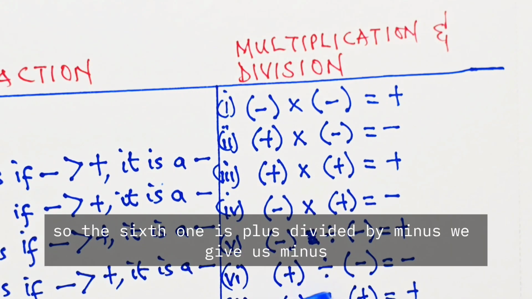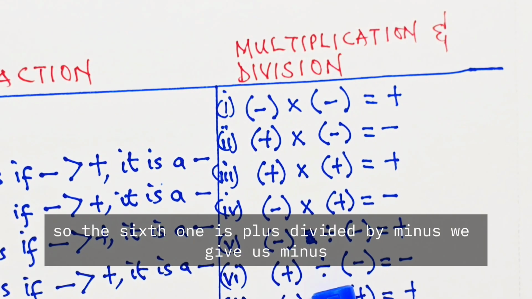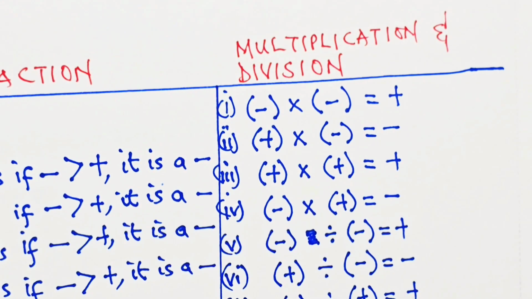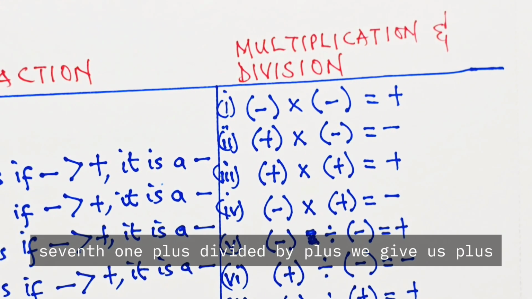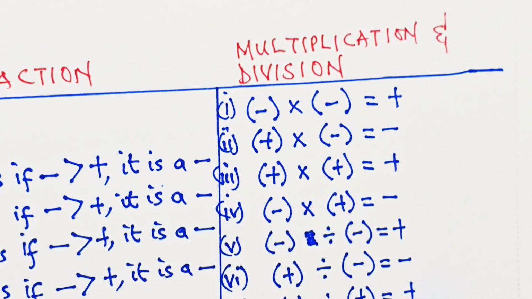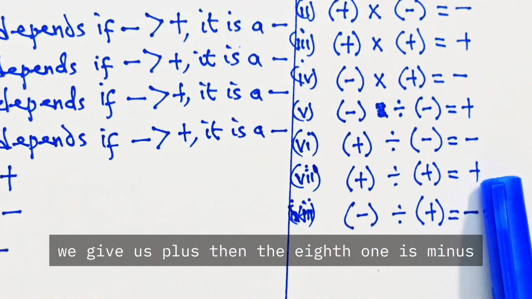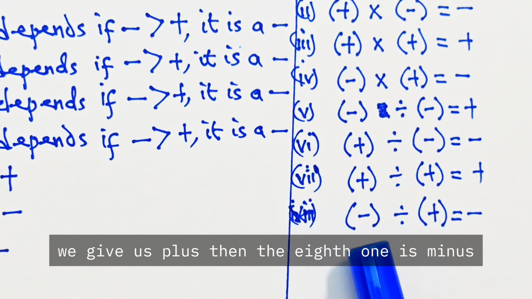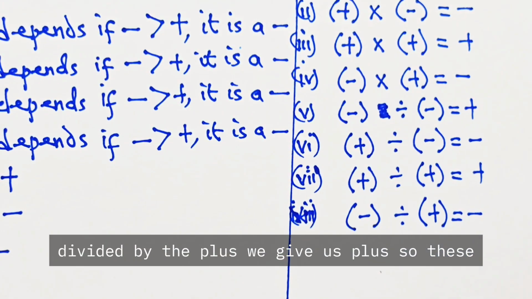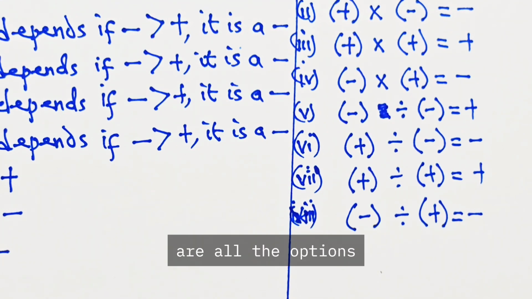So the sixth one is plus divided by minus, which will give us minus. The seventh one, plus divided by plus, will give us plus. Then the eighth one is minus divided by plus, which will give us minus. So these are all the options that we have.